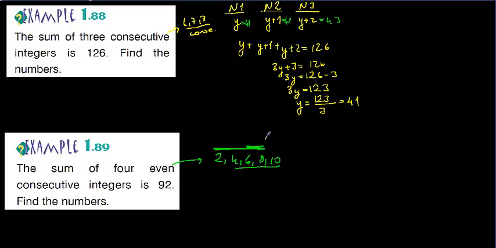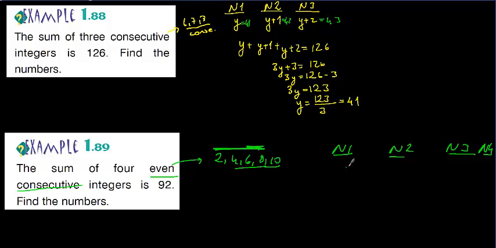So these are the 4 consecutive even integers. That part is important: even and consecutive. So if I count the even ones, number 1, number 2, number 3, and number 4, there are 4 integers here.